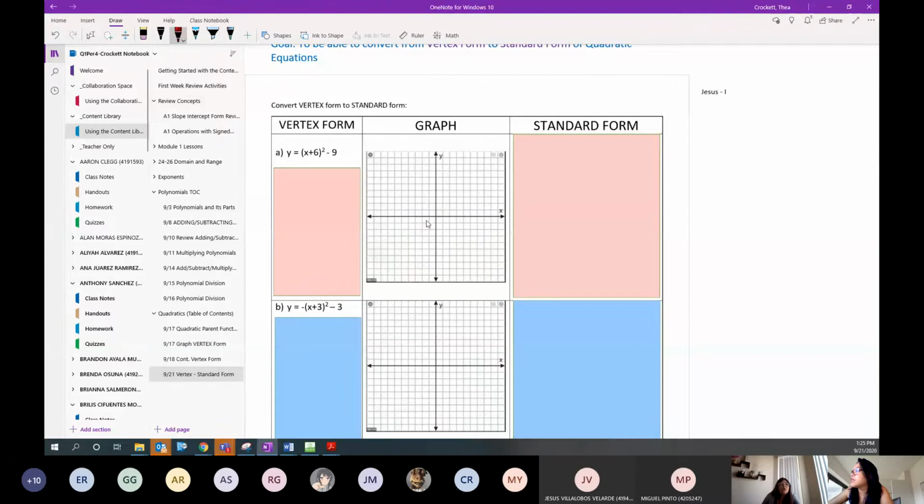Okay, negative 6, negative 9 would be somewhere here. And then move 1 up, 1 to the side. 1 up, 3 to the side. 1 to the right, 1, 2, 3. 1 to the side, 1, 2, 3. 1 to the side, 1, 2, 3, 4, 5. Okay.